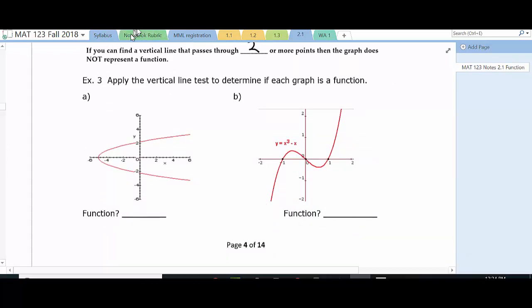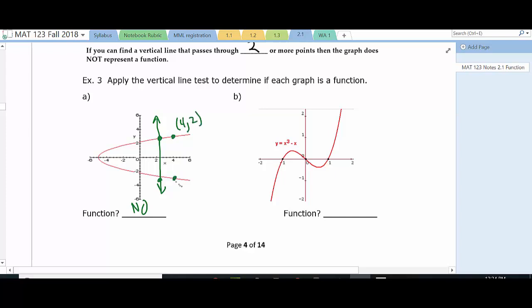On this example down here, I'm going to take a vertical line, and that vertical line went through 2 places, so that's not a function. Let me explain it this way. This point right here looks like it's the point 4, 2 to me.